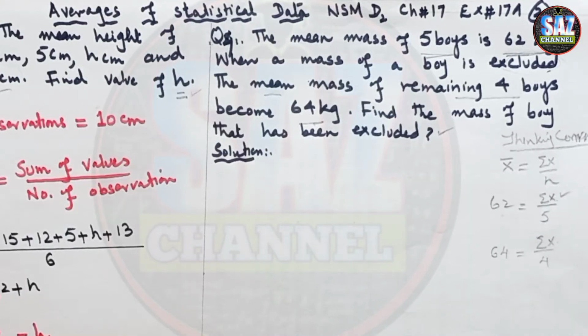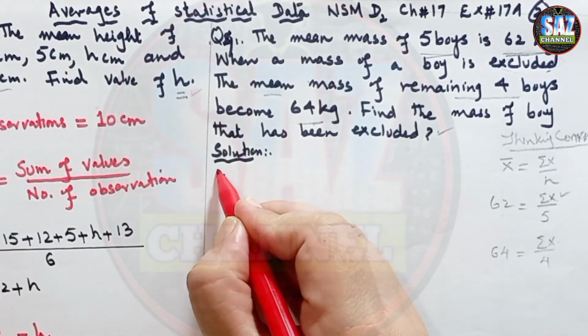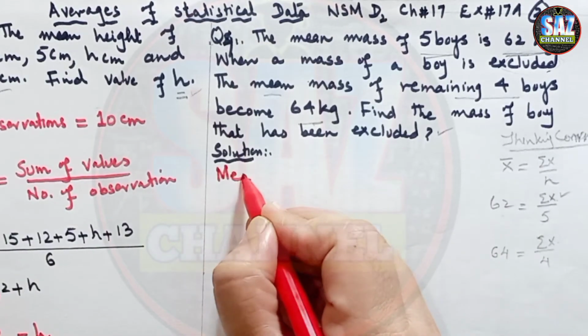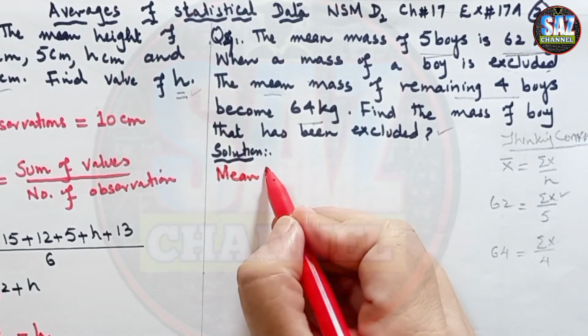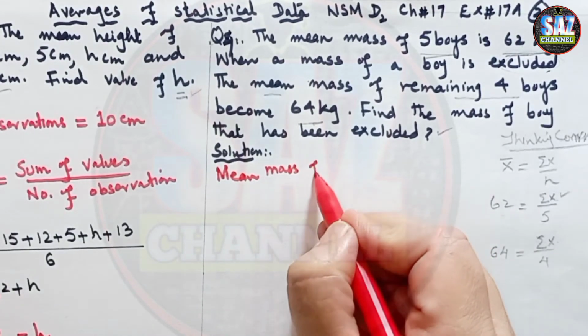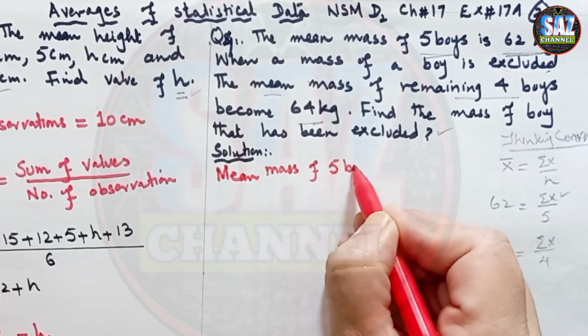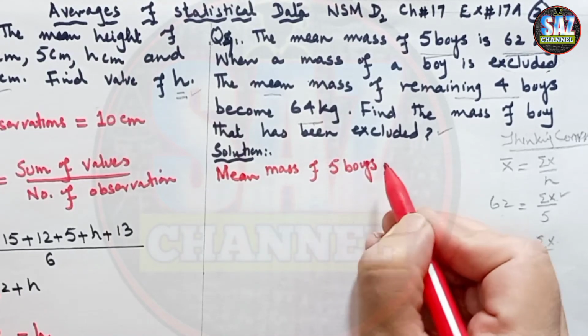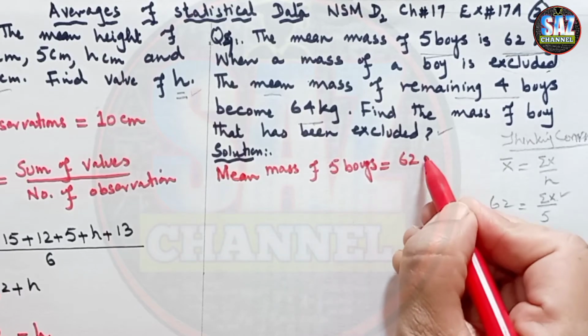First thing is the mean mass of 5 boys. The mean mass of 5 boys is given as 62 kg.